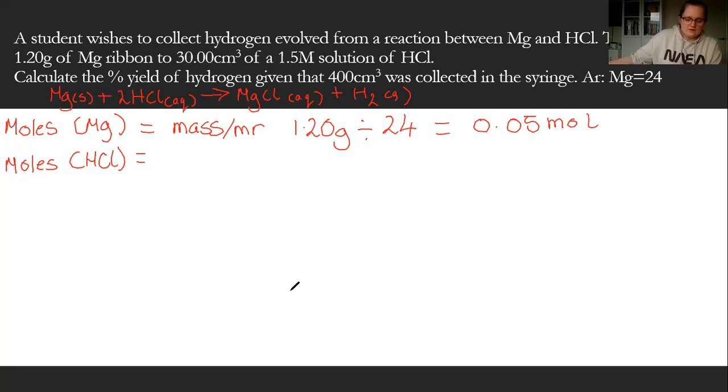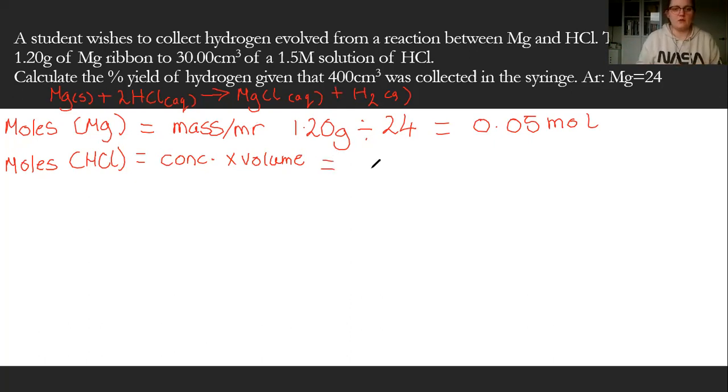Its concentration is 1.5 moles per decimeter cubed, so we're going to use concentration times volume to give us moles. Again, it's a percentage yield question, but we're using two different mole equations to work out our theoretical yield, so you can see it's a multi-step process. We do concentration multiplied by volume to give the moles of hydrochloric acid.